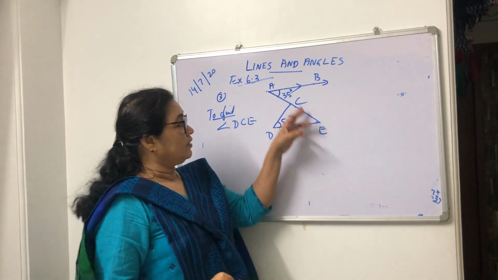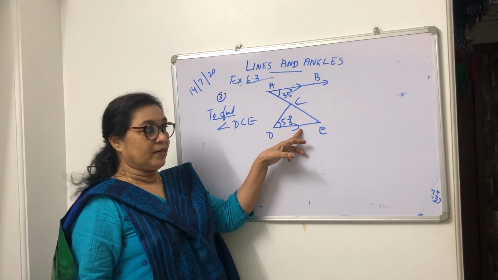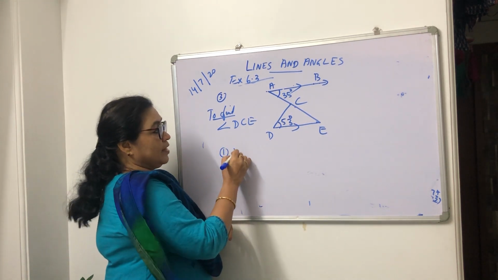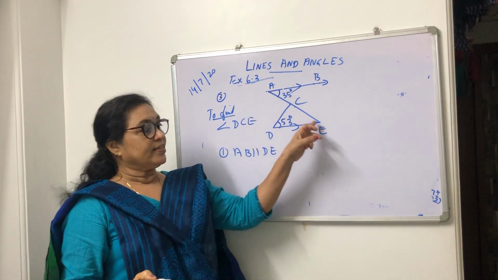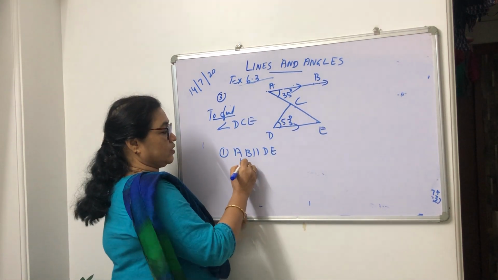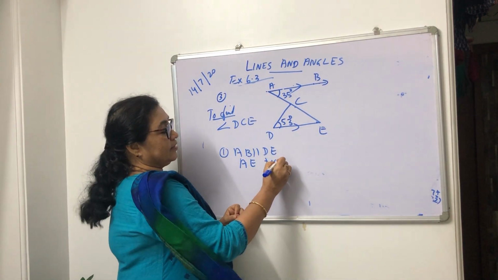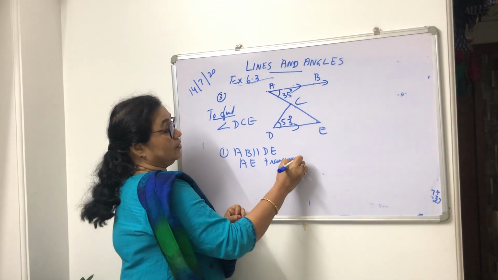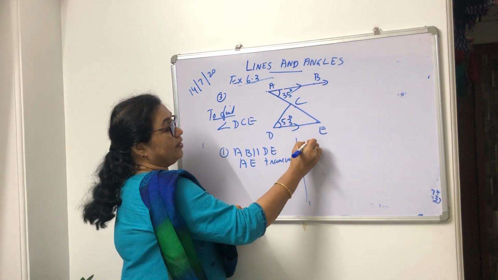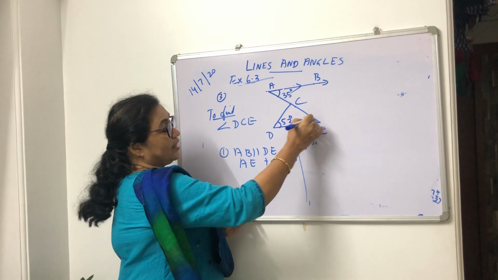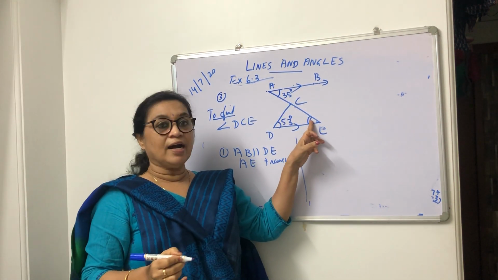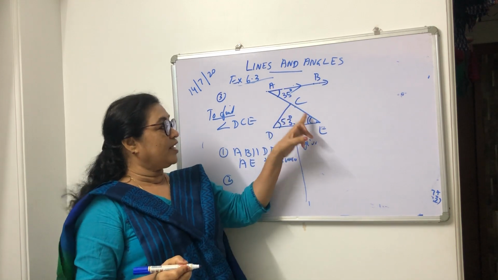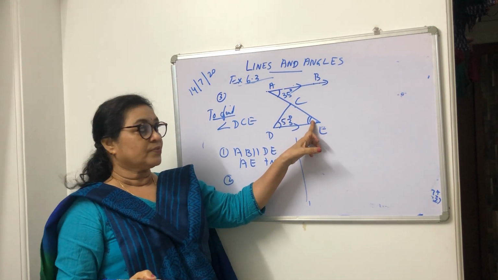Here what is given? These two lines are parallel. So AB is parallel to DE. You can take AE as the transversal. So what is this angle E? Angle A and angle E are equal. Why are angle A and angle E equal?